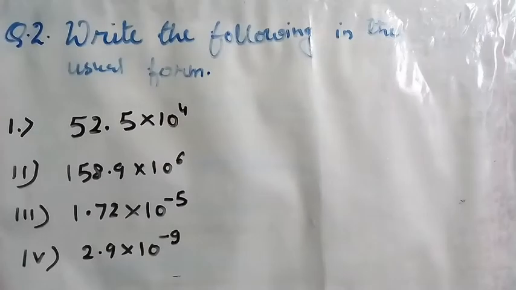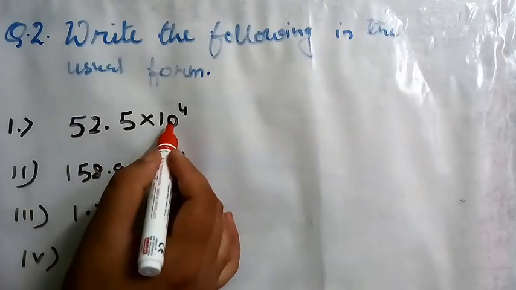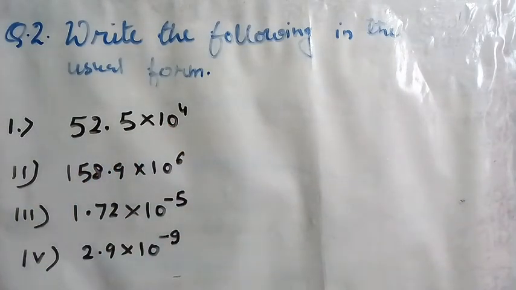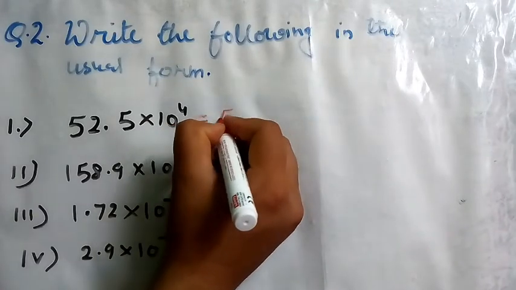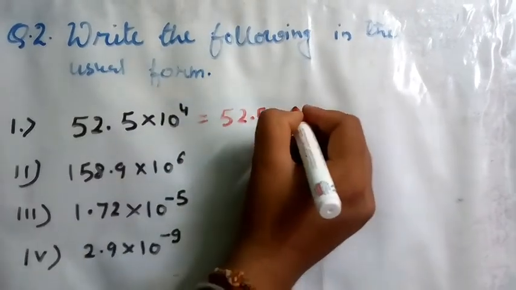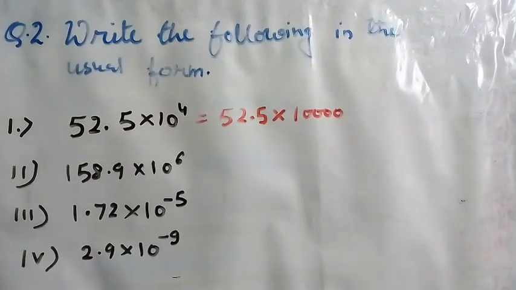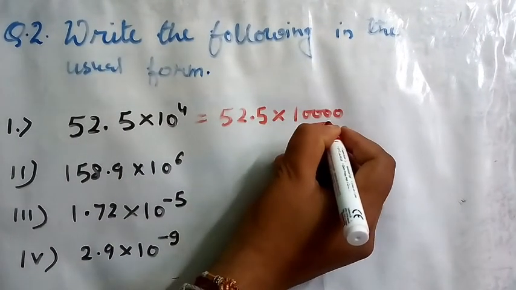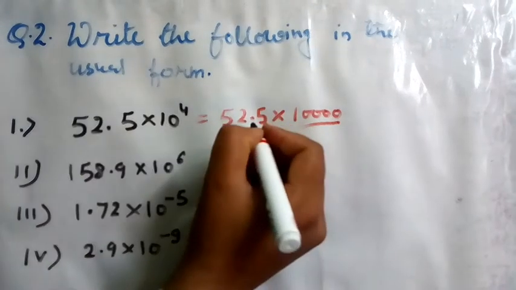Let us see how to convert the numbers to their usual form. The first part is 52.5 into 10 raised to power 4. As I discussed earlier, it is nothing but just a shifting of decimal. But why? Let us see a proof. 52.5 multiplied by 10 raised to power 4 means 10 will be multiplied 4 times, which is equal to 10,000. This will be equal to, now shift the decimal 4 digits from the present place.